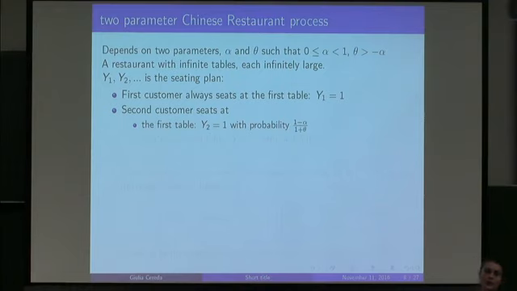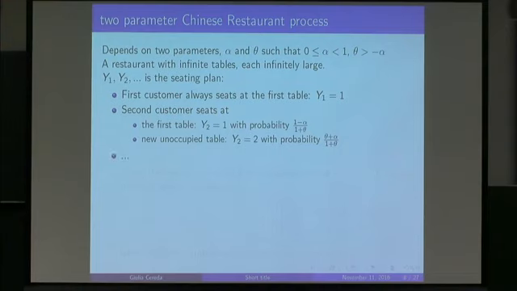He can either decide to sit with the first customer, so they share table 1, and this happens with probability proportional to 1 minus alpha, or he could choose a new unoccupied table, so he could go to table 2. And this happens with probability proportional to theta plus alpha.